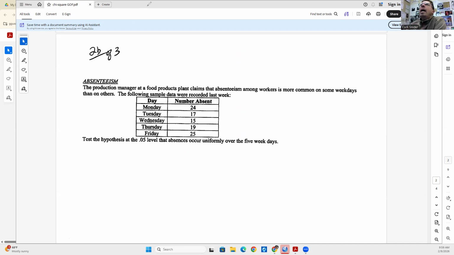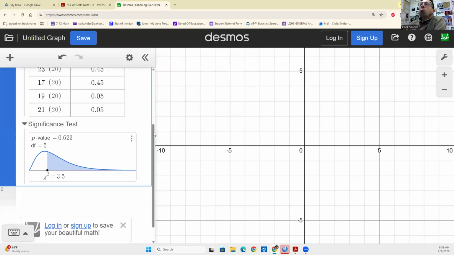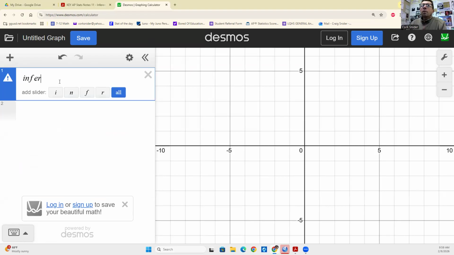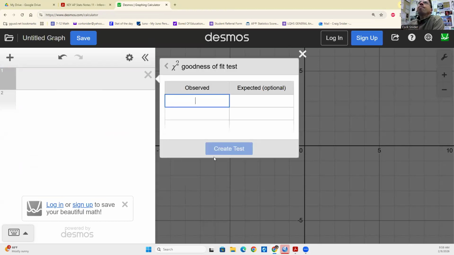Next, you're going to run the test. So let me get over to 24, 17, 15, 19, and 25. I'm going to go to Desmos. I'm going to type the word inference in. Infer. Goodness of fit.